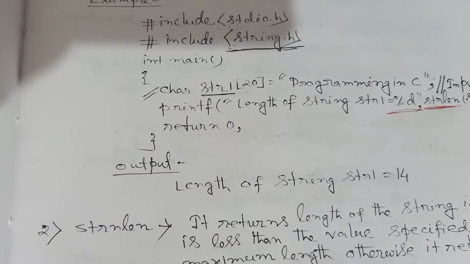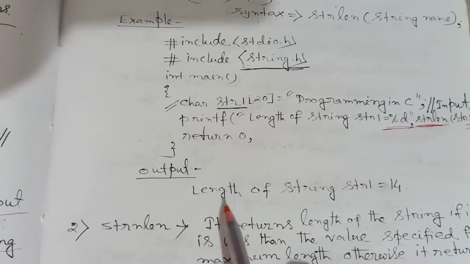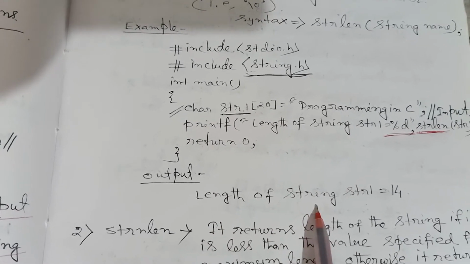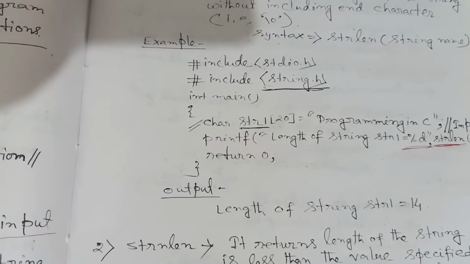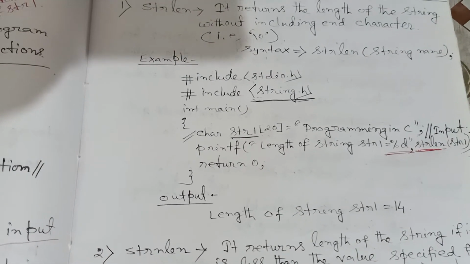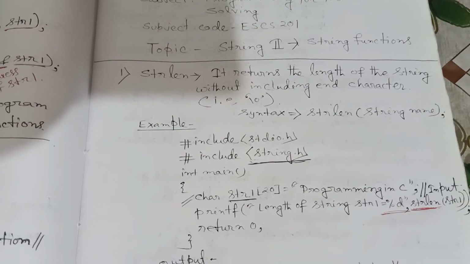What should be the output of this program? Length of string str equal to 14.